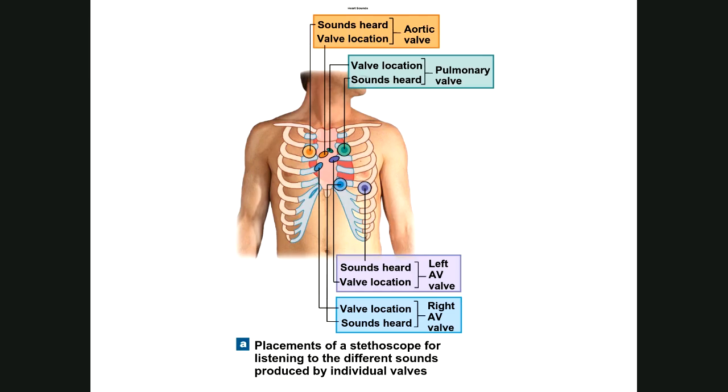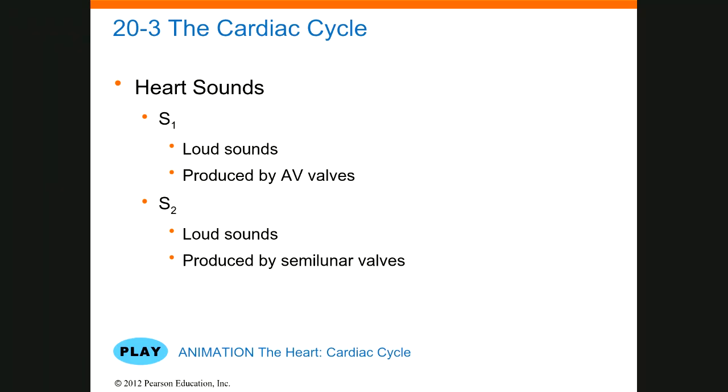So we can actually hear sounds by placing a stethoscope, for different sounds produced by individual valves. When those valves open or close, they produce sound. So we have 4 heart sounds.